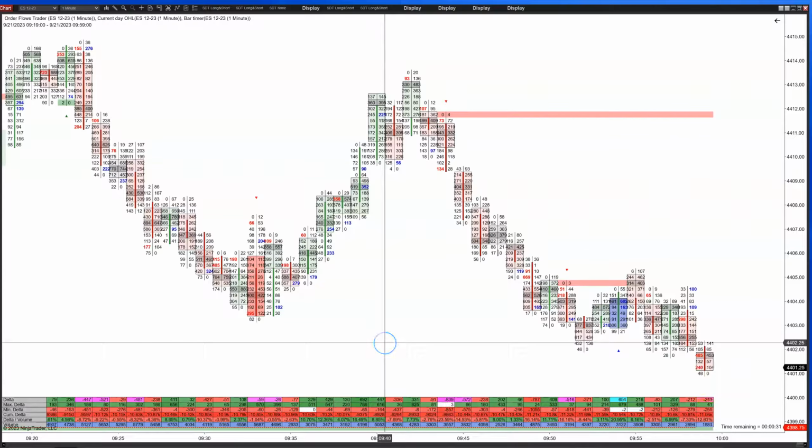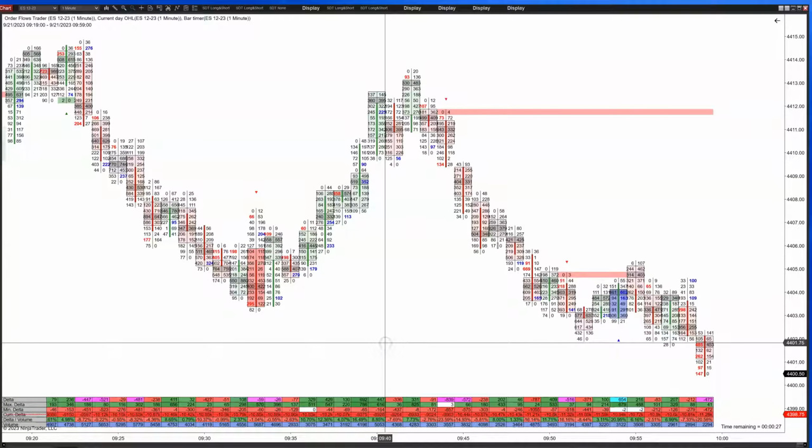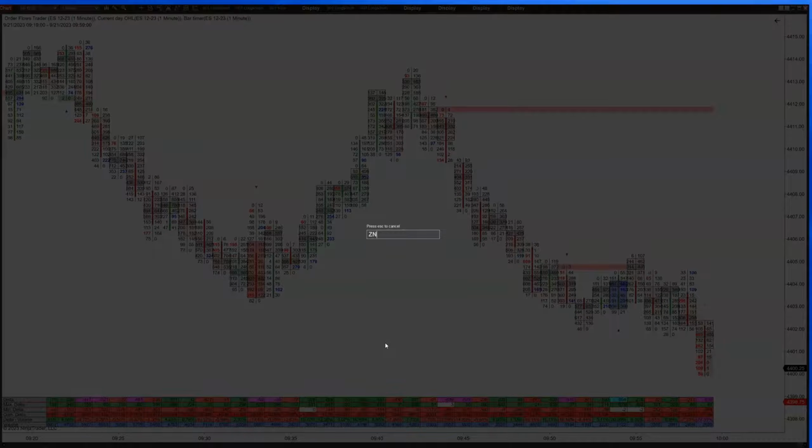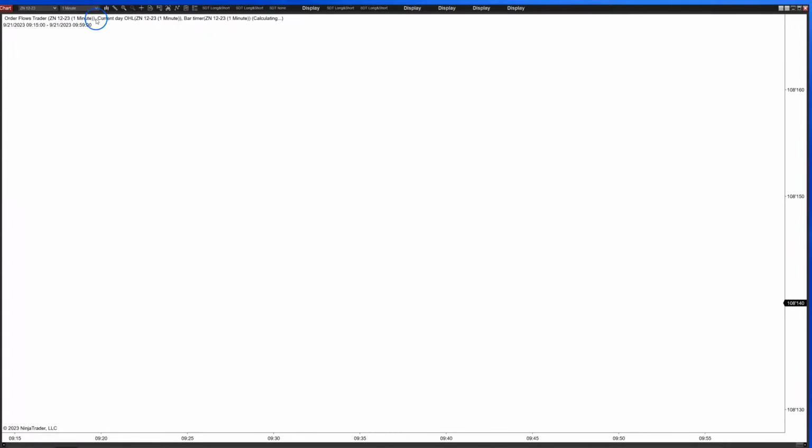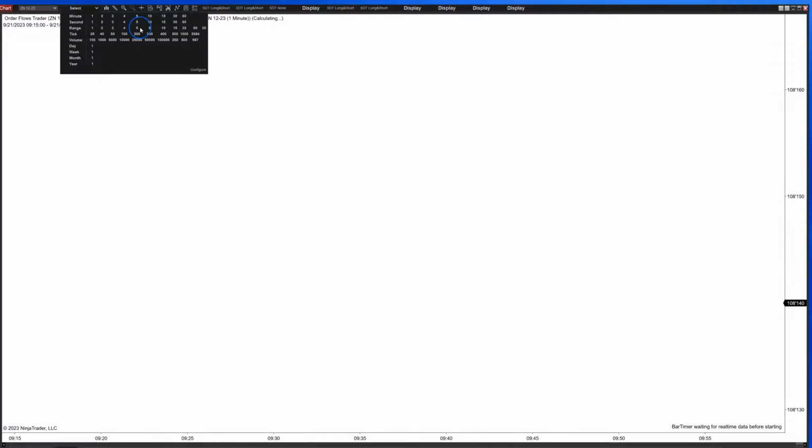Now, if you're trading a much more liquid market, 10 years trades a ton of volume, with a lot of volume at these prices. That's the wrong 10-year symbol there, just bear with me, ZN. I like to use a 4-range chart.